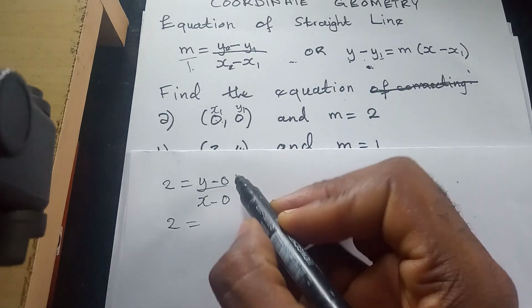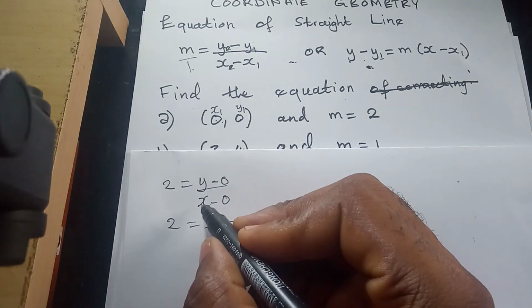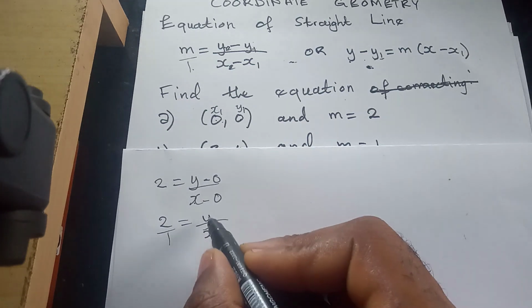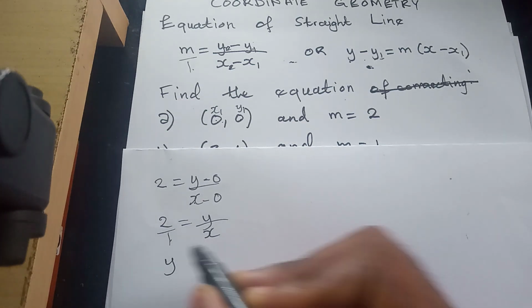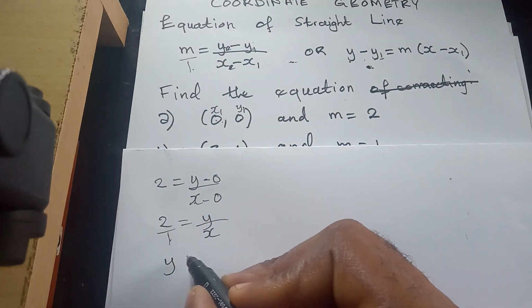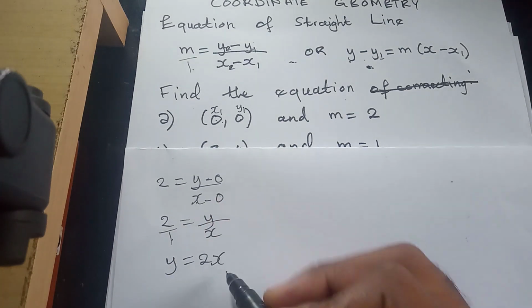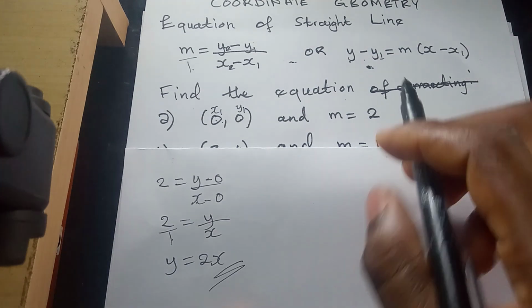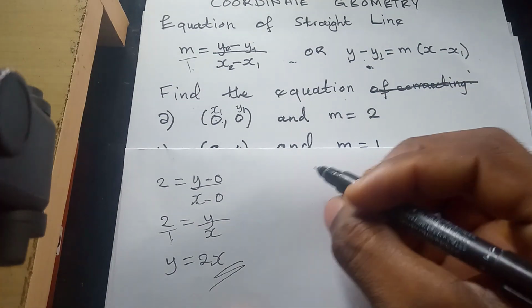So I know that y minus 0 is y, and then x minus 0 is 2x. So let's cross multiply. Y times 1 is y, and then 2 times x, you have 2x, and you are done. This is your equation. If you want to use this, it's still the same.